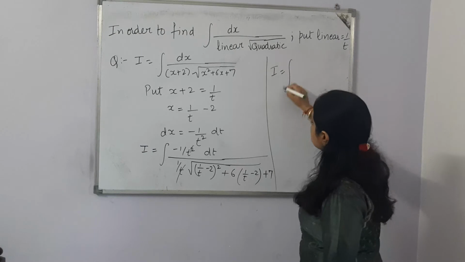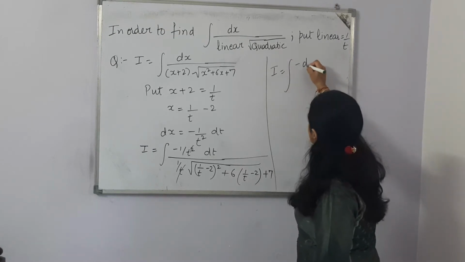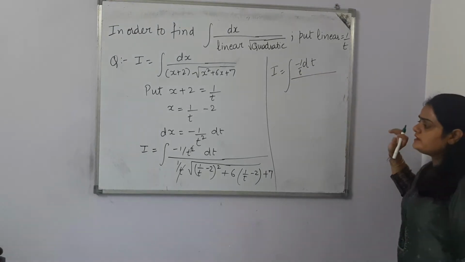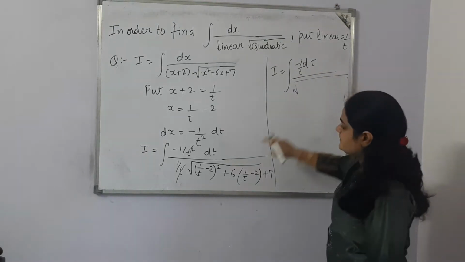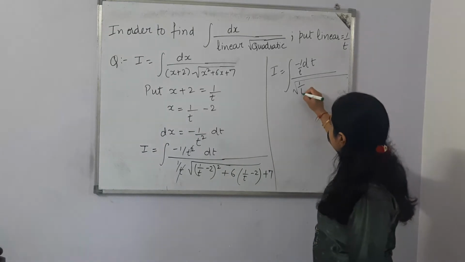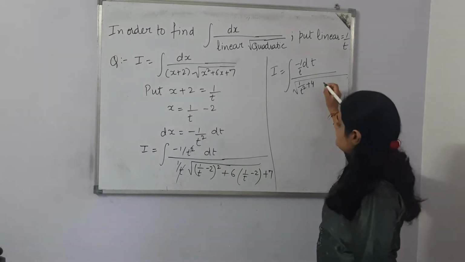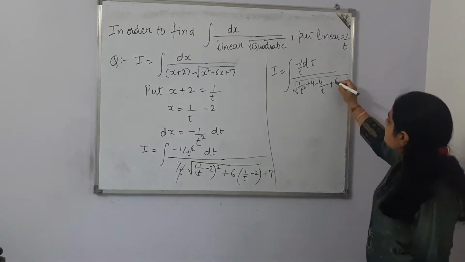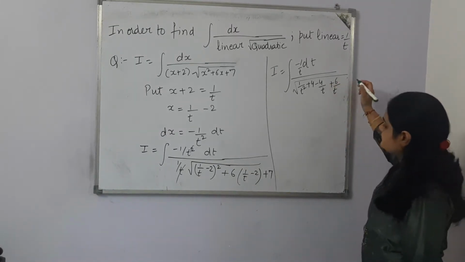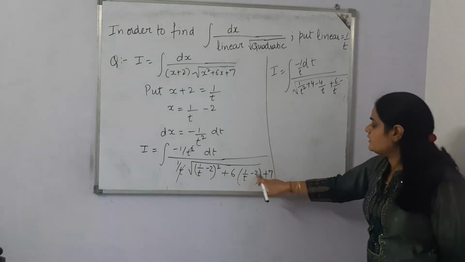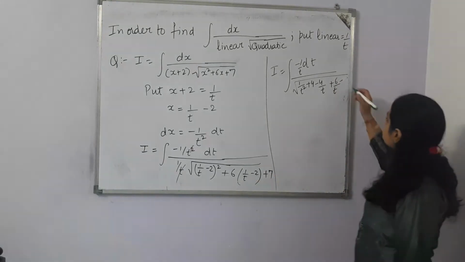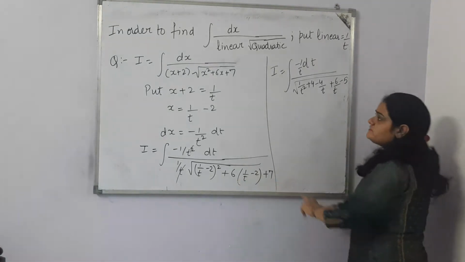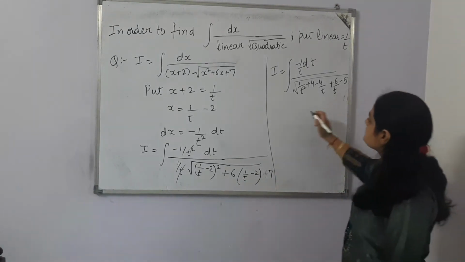I is equals to minus 1 by t minus 1 by t dt. The formula for (a minus b) whole square is applicable: a square plus b square minus 2ab, plus 6 by t minus 12 plus 7. 6 twos are 12, minus 12 plus 7, which becomes minus 5.